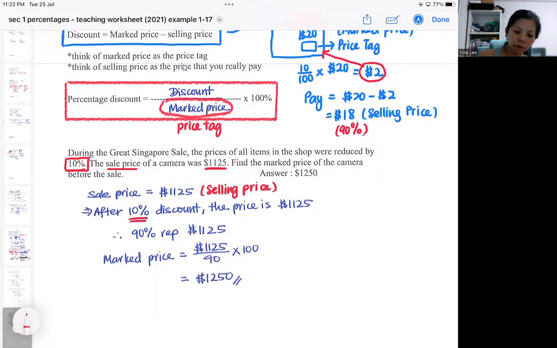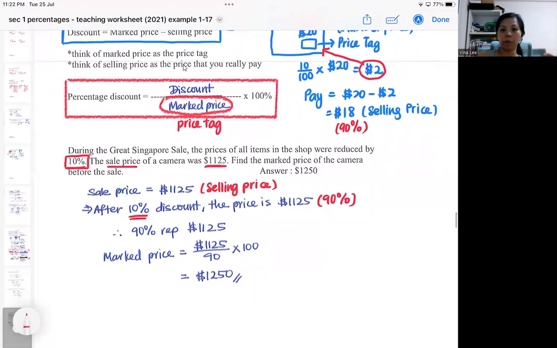That means whatever you are paying is actually 90%. You need to know that the price you are paying is 90% of the price tag. And remember, the price tag, which is the marked price, is 100%. We are interested in getting the 100%. After a 10% discount, you are paying $1125.